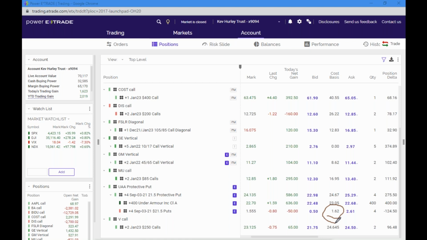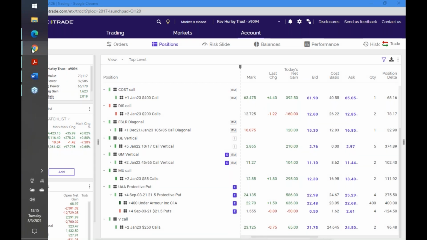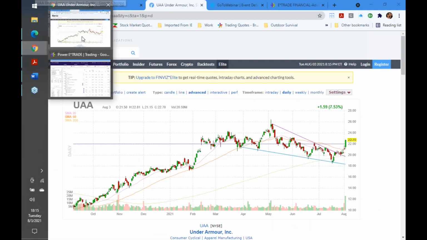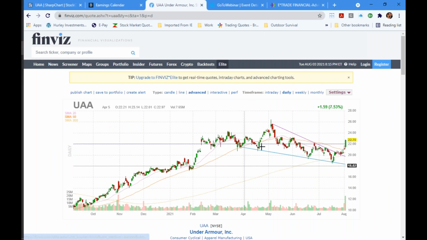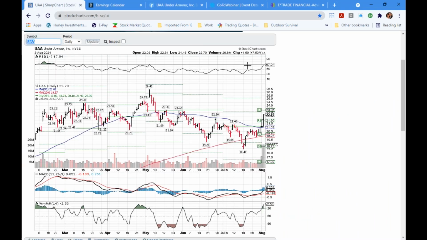Will it stay in that price range long enough for me to take enough credit to completely pay off my puts? Again, looking back at our chart on StockCharts, I didn't see it being overbought. I kind of thought, I don't know if I'm going to get by with it.